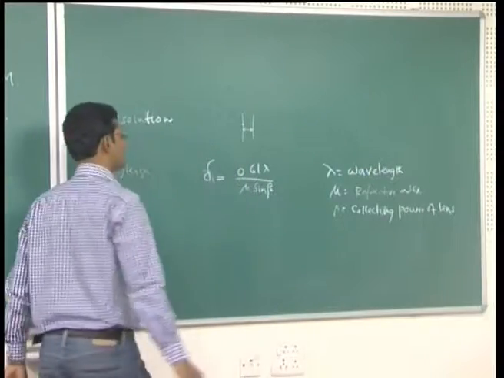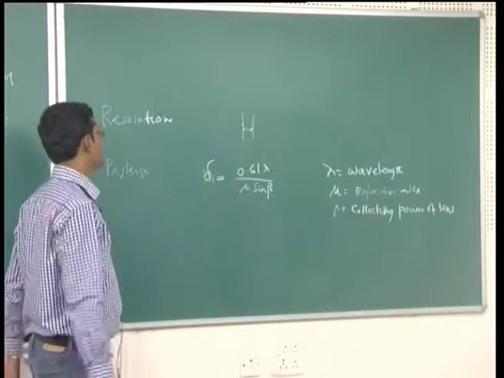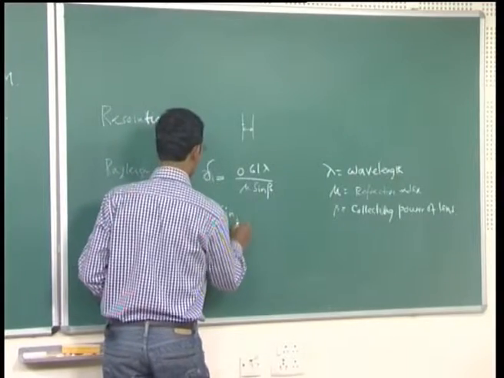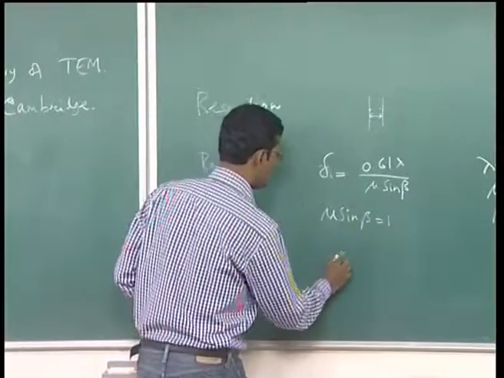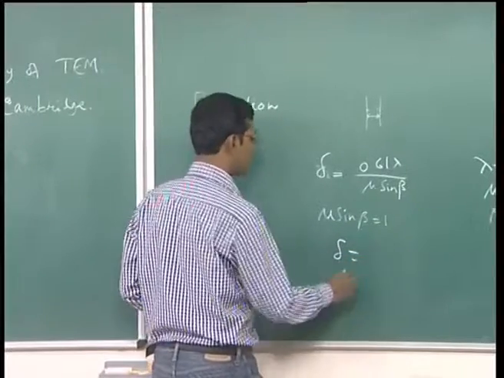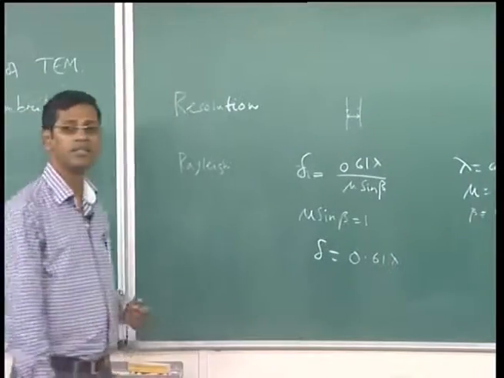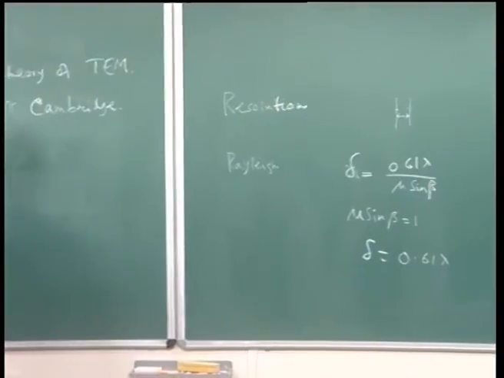So, therefore, in the extreme case, if we consider mu sin beta to be equal to 1, then the resolution becomes 0.61 lambda, that is about 60% of the wavelength.